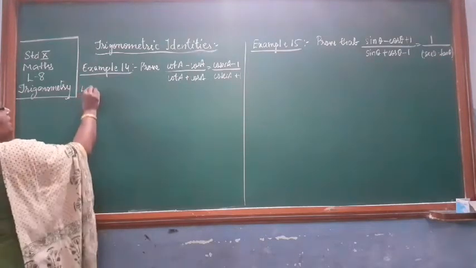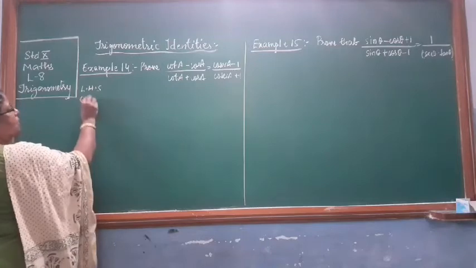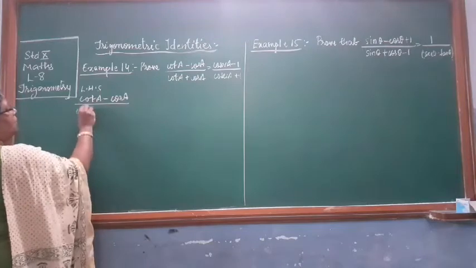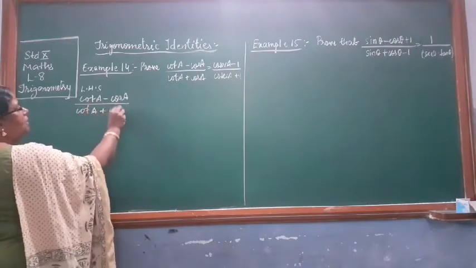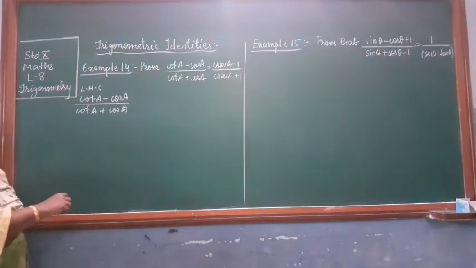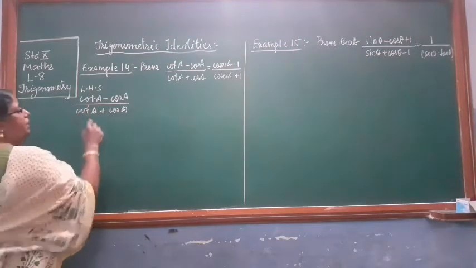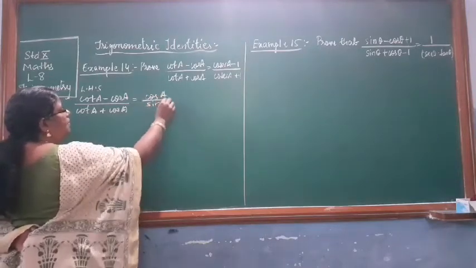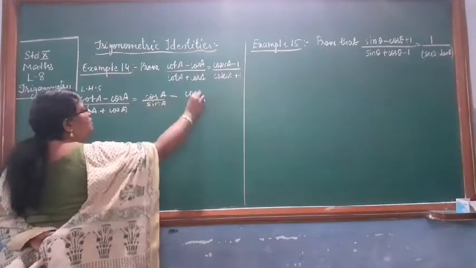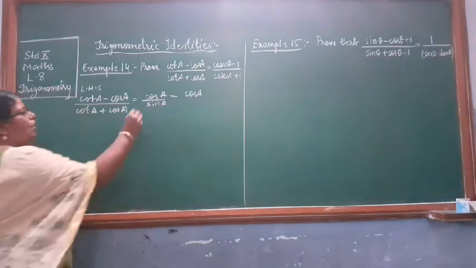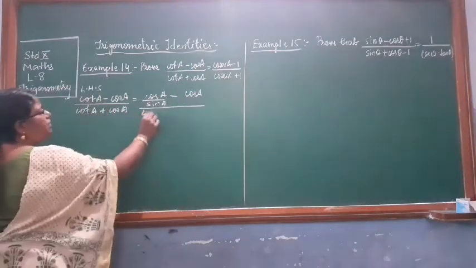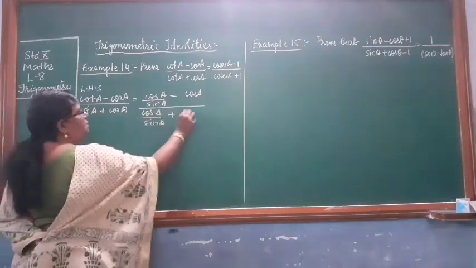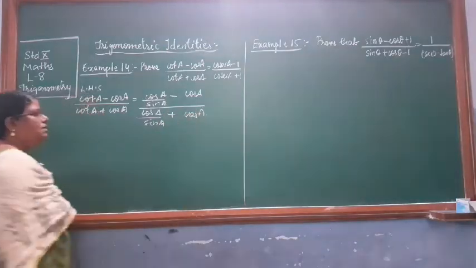Now let me take LHS, that is cot A minus cos A upon cot A plus cos A. Let me convert cot A into cos A by sin A, minus cos A, I took like this. And the denominator also, the same thing I will do: cos A by sin A plus cos A. It has come like this.